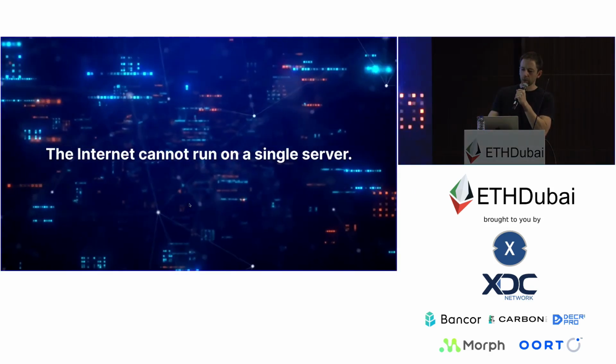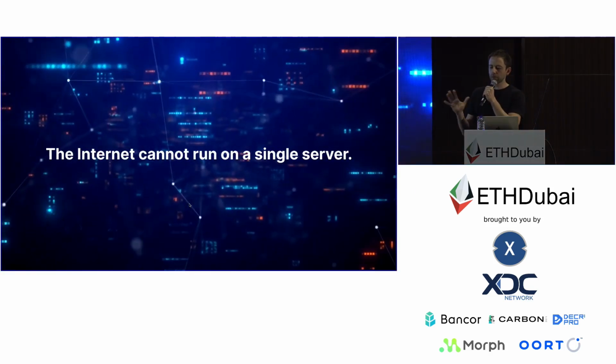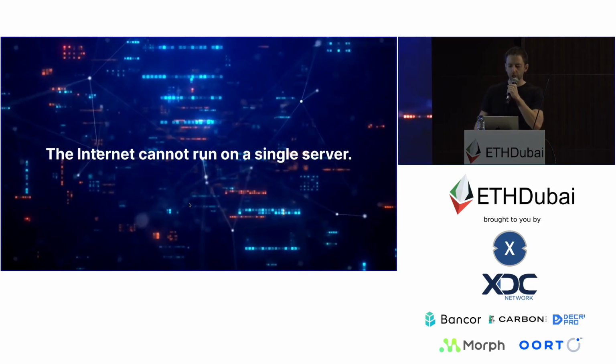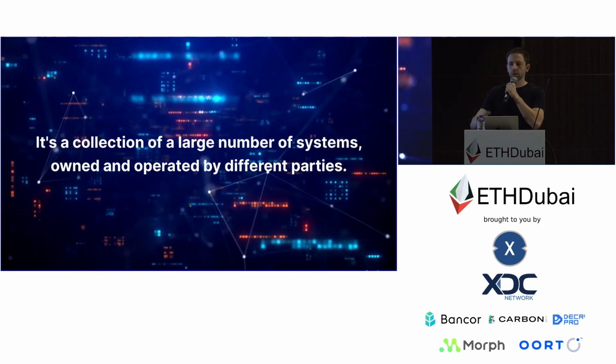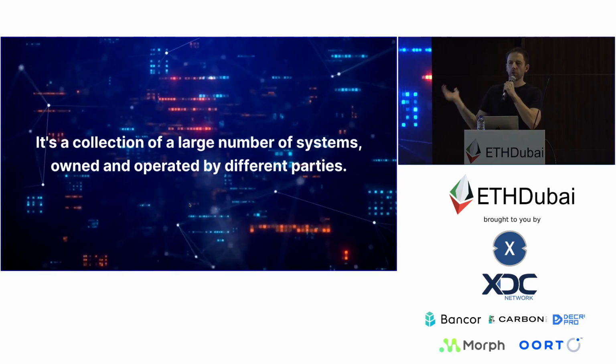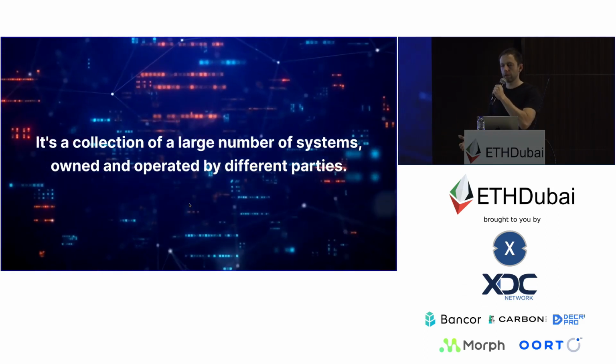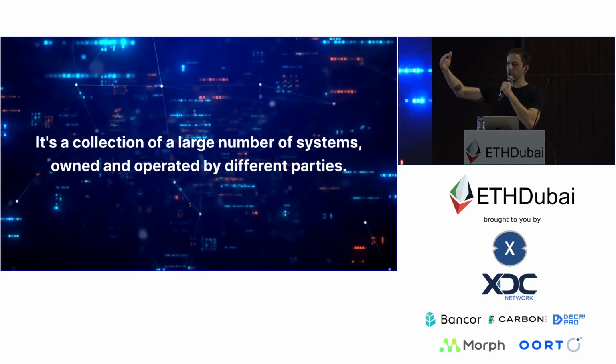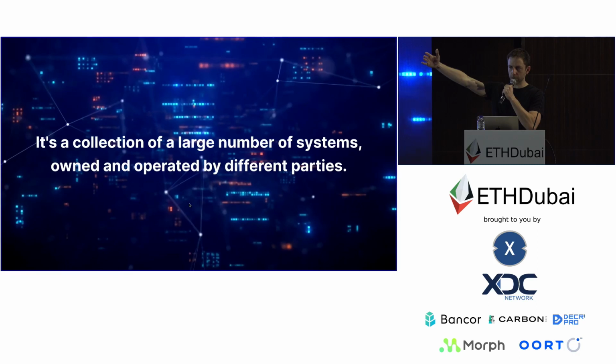And to explain it, we have to remember that the internet cannot run on a single server. It's a connection of many networks run by different parties. You can be in Dubai connecting to a server in New York, routed through Europe. You don't know who operates all those servers, right?